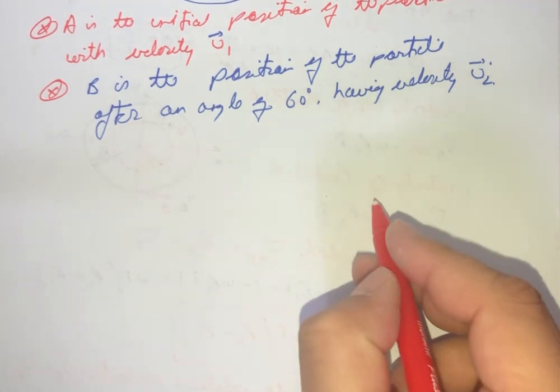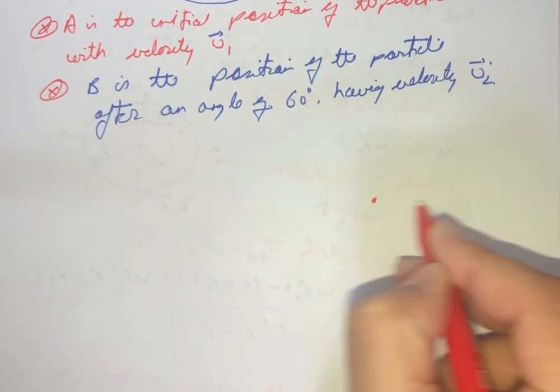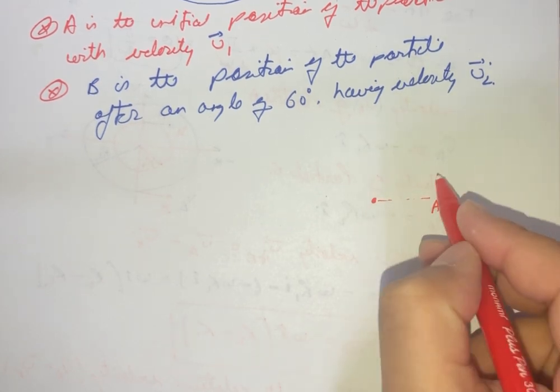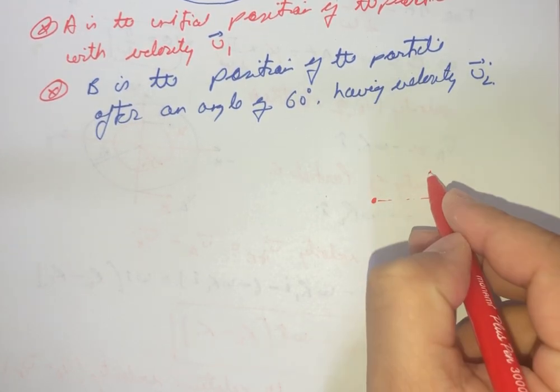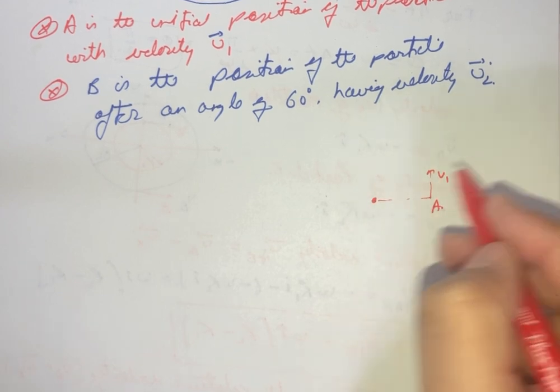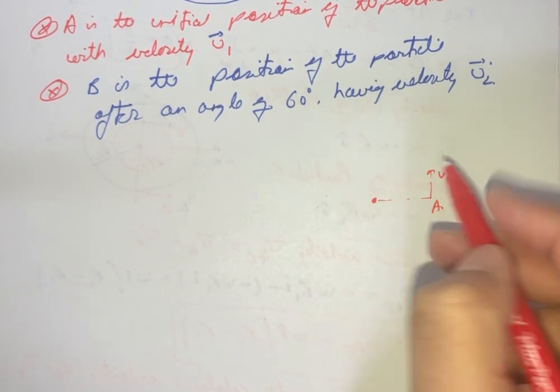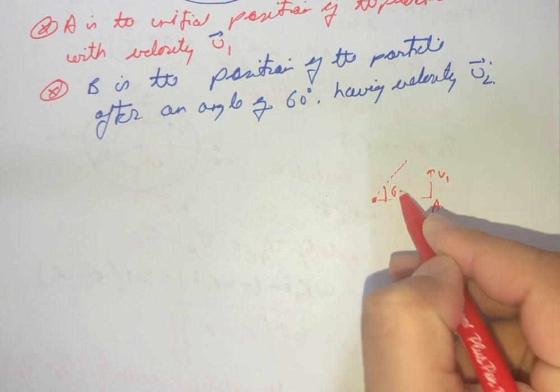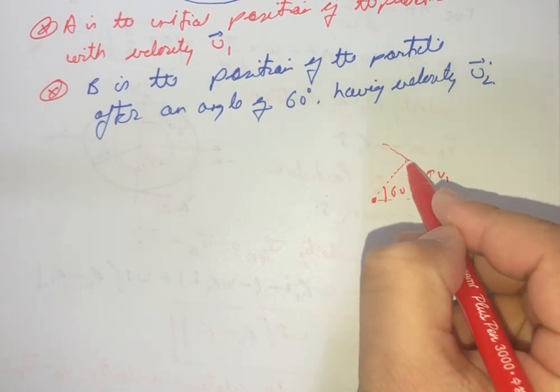Okay. So this is our center O, and we have A, and here velocity will be a tangential v1. It moves through the angle of 60 degree, and now the velocity is v2.